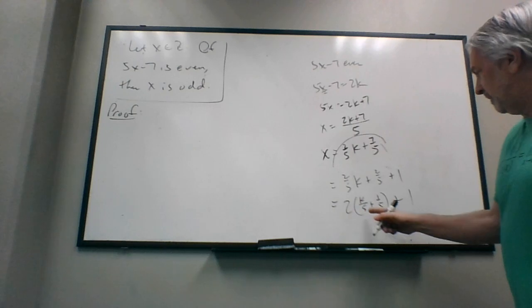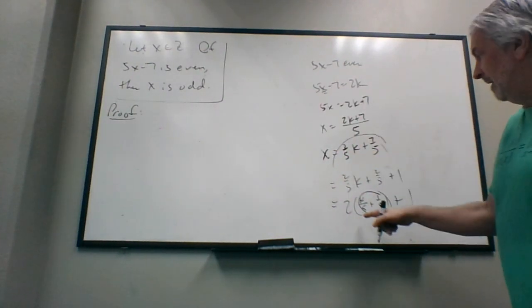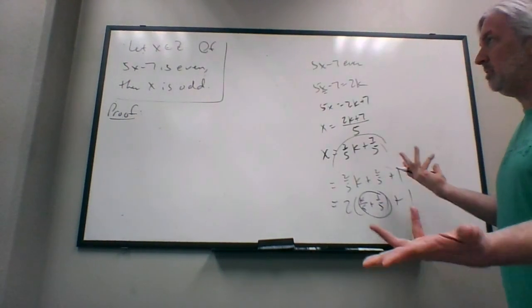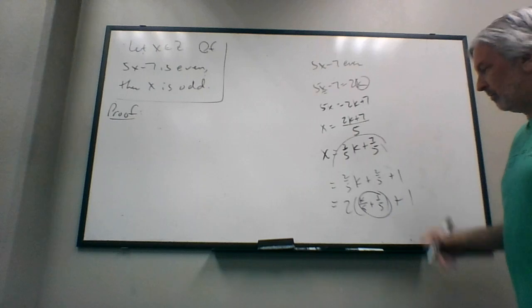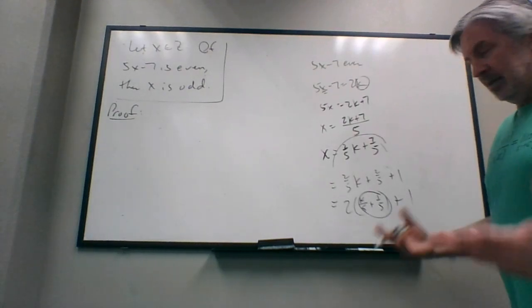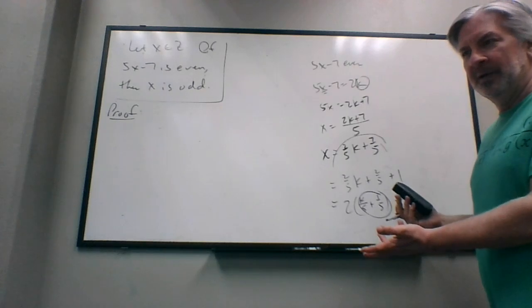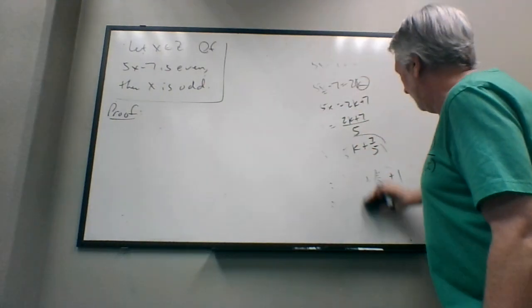And notice what I have here, 2 times something plus 1. So you have to convince me, to show that x is odd, that k over 5 plus 1 over 5 is actually an integer, and with the information I have, all I know is k is an integer. So why is k over 5 plus 1 over 5 an integer? We're stuck. Okay, so that was a lot of explanation, but this is what you have to do. Direct proof doesn't seem to be working very nicely here.